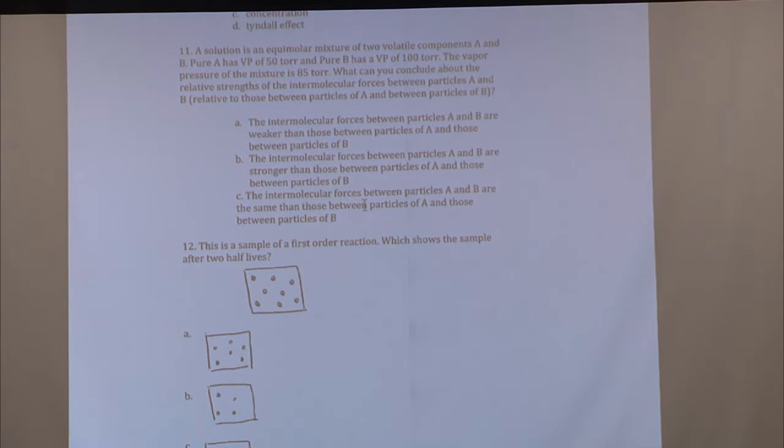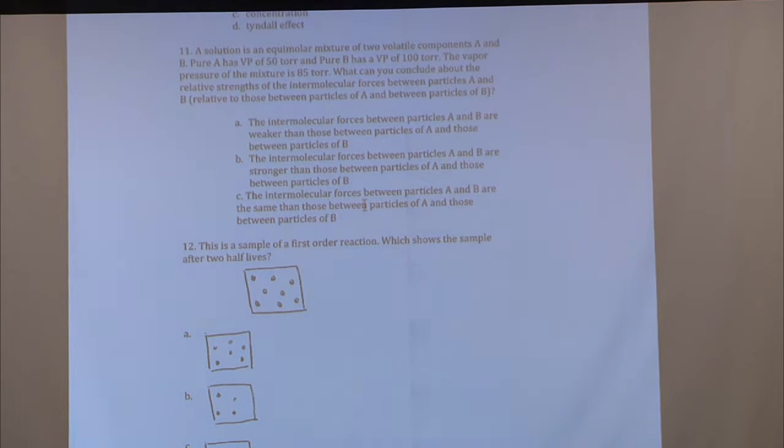So looking at it, we have pure A is 50 torr and pure B is 100 torr, but the mixture is 85 torr. So the intermolecular forces between particles A and B are going to be weaker than those between particles of A and those between particles of B, because pure B's vapor pressure is higher than the mixture.